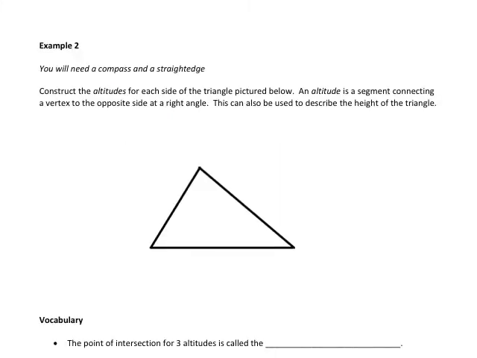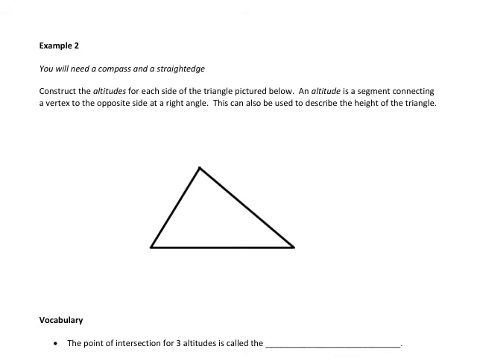So we've talked about incenter and circumcenter, and we've just introduced centroid. The last one we're going to talk about is called the orthocenter, and what we need to do is construct the altitudes for each side of the triangle. The altitude connects a vertex to the opposite side at a right angle. So here's where we have to use our construction.